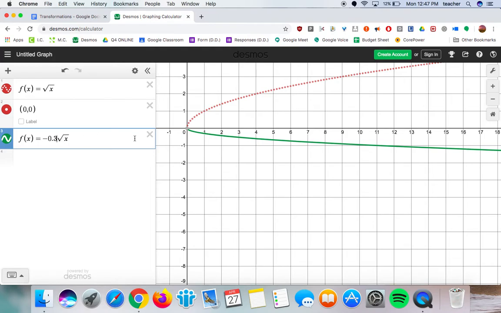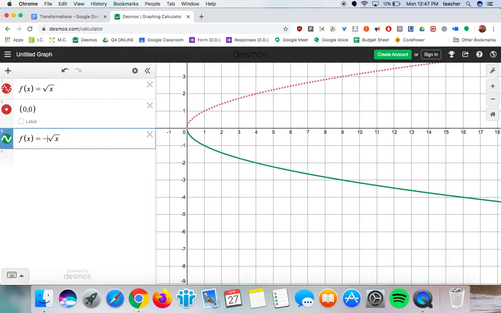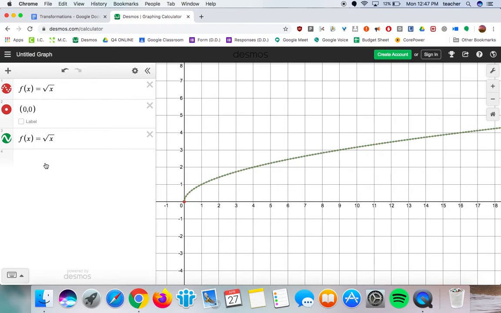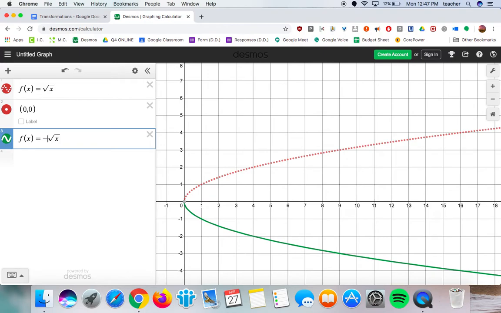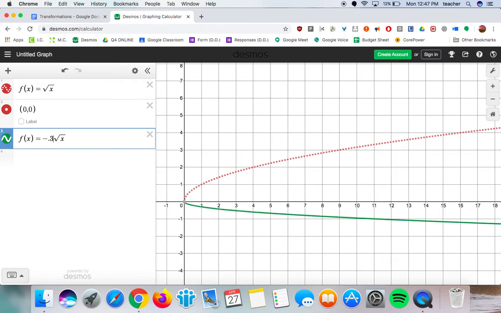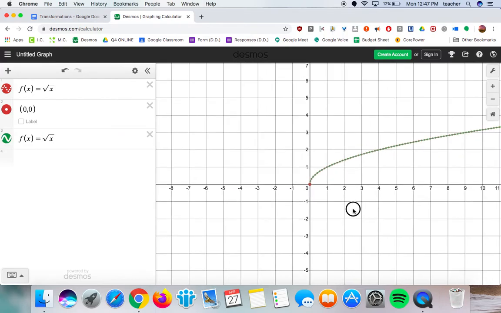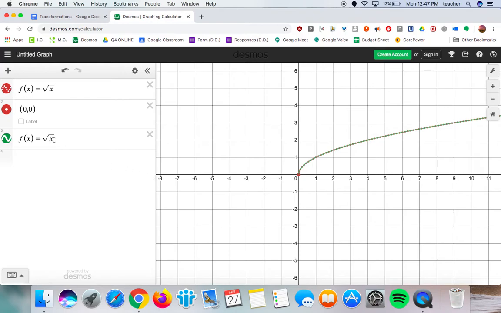So we can have those combinations. We could have just a flip, and then we could have a flip and a stretch, or we could have a flip and a shrink as well. Okay. So that's A. We also know that our C and D values change what's going on.